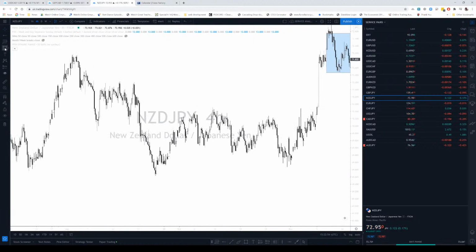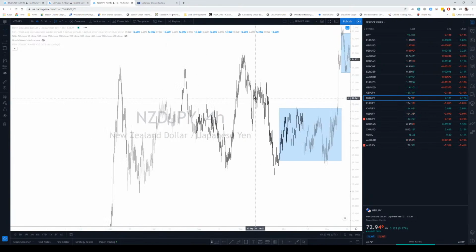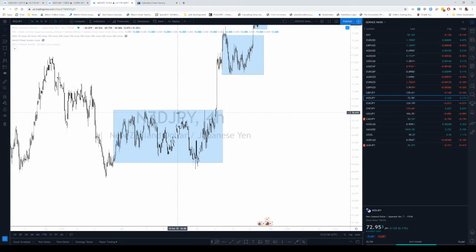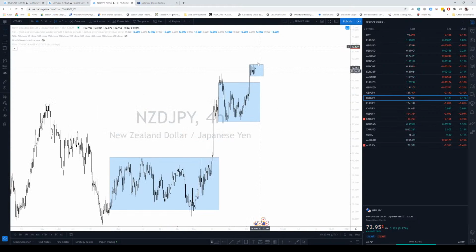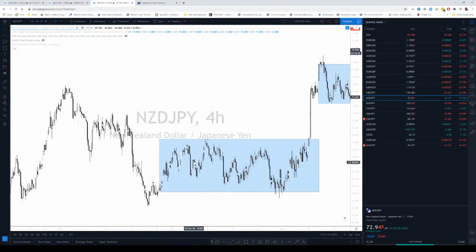Okay, look at price action here. What do you think this is? Okay, this is a manipulation on the higher time frame level. That's why I feel like this pair is gonna rally, because they did manipulate. Manipulation means that they are picking up orders.